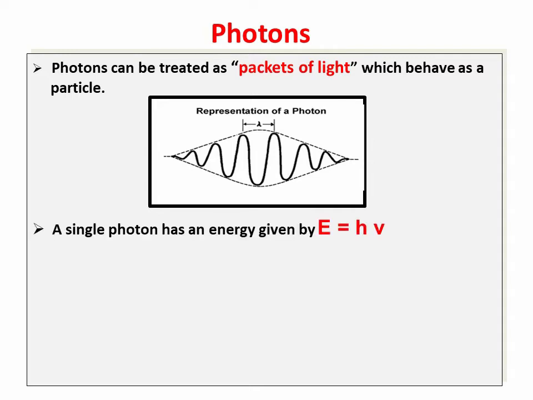A single photon has an energy which is given by E equals h nu, where nu is the frequency and h is Planck's constant. Frequency is nothing but c by lambda, that is, velocity of light divided by wavelength of the light.